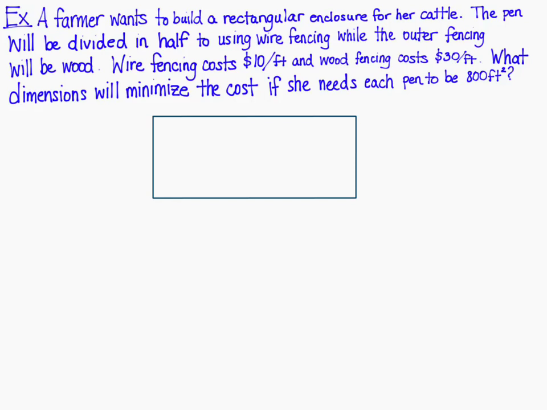Let's start by drawing a picture and labeling it. Notice that the blue border is the wood fencing and the red border is the wire fencing. So first of all, the area of each pen is going to be 800 square feet, so 800 needs to equal x times y.